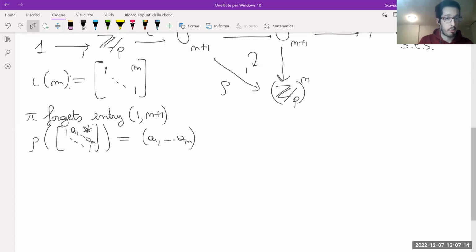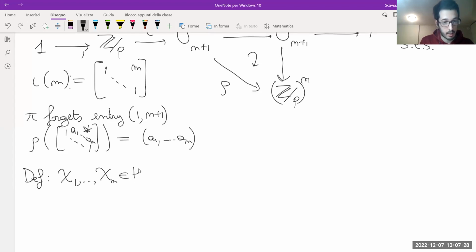And I use this diagram to define what it means for a Massey product to be defined or to vanish. So what do we need? The input is a bunch of characters of gamma, chi 1 through chi n in H 1 of gamma, Z mod p. Remember that this is just the continuous homomorphisms from gamma to Z mod p.